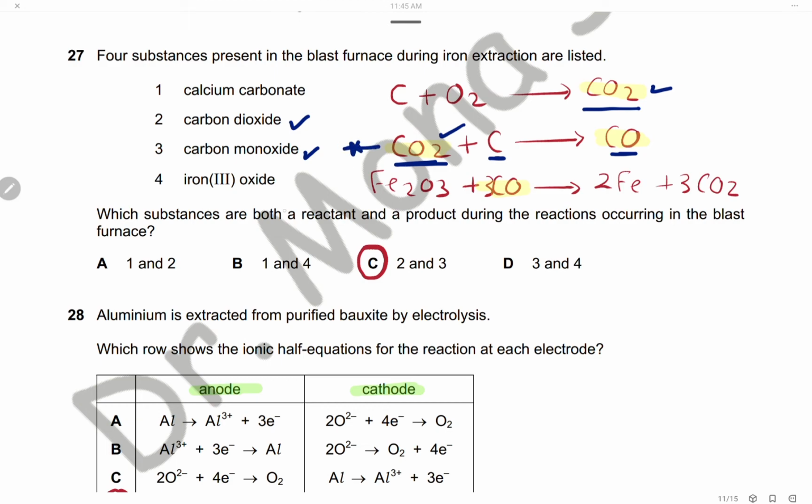Carbon monoxide is a product when carbon reduces carbon dioxide to form carbon monoxide, and it is a reactant because it is a reducing agent that reduces iron(III) oxide into iron. So carbon monoxide is again a reactant and a product. The two substances that can be a reactant or a product are carbon dioxide and carbon monoxide. The answer will be C.